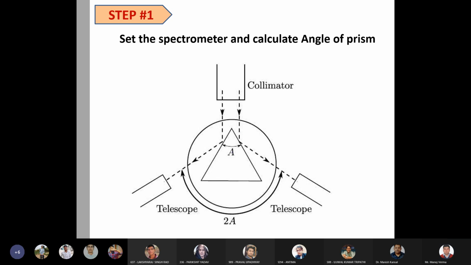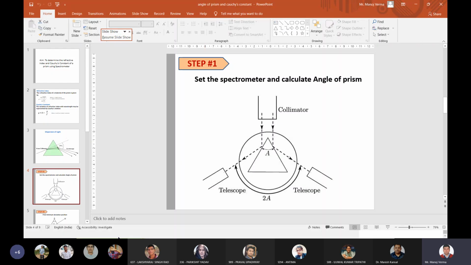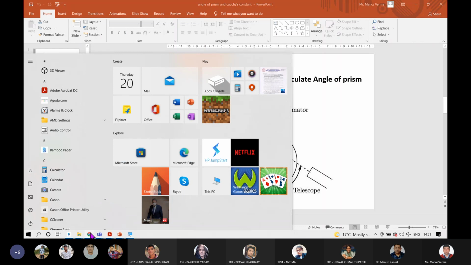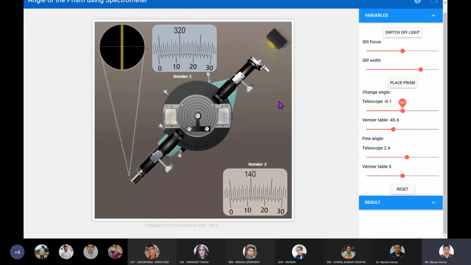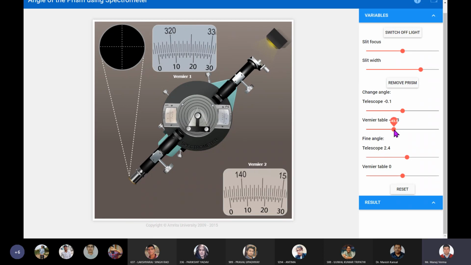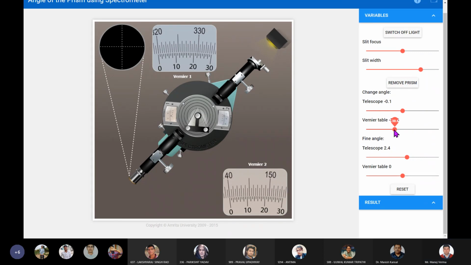So what you can do is place a prism on this table, on that experiment. Now I will place a prism, and I can move this prism table to get that type of configuration.